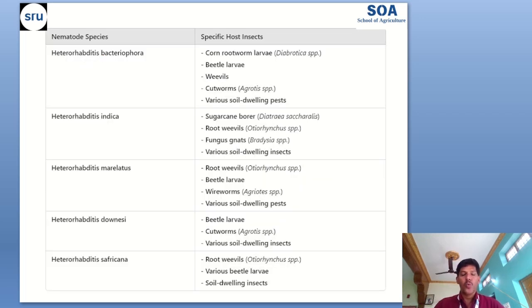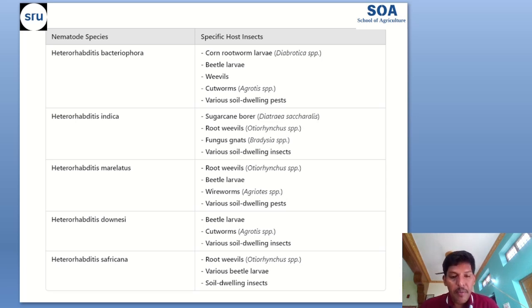Heterorhabditis bacteriophora is effective against corn rootworm larvae, beetle larvae, weevils, cutworms, and various soil-dwelling pests. Heterorhabditis indica is effective against sugarcane borer, root weevils, fungus gnats, and various soil-dwelling insects. Heterorhabditis megidis is effective against root weevils, beetle larvae, wireworms, and various soil-dwelling pests.